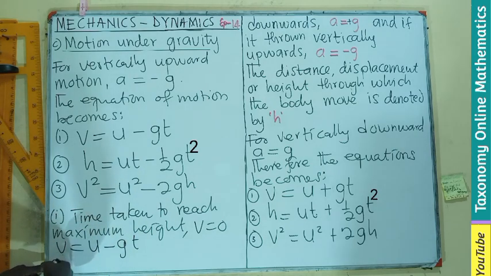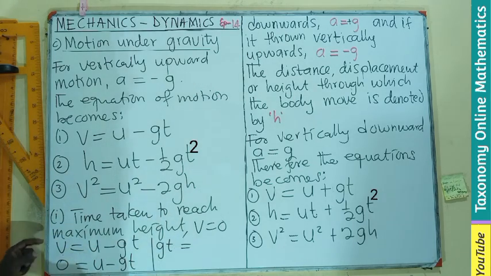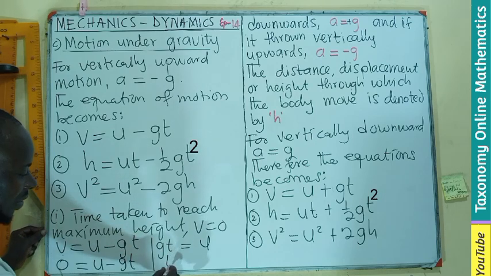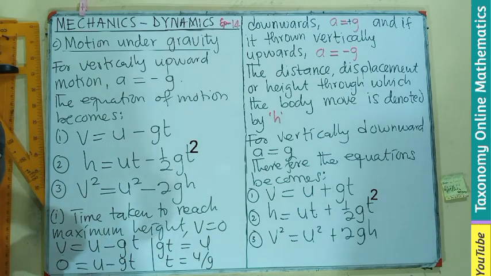We are going to bring this in here because v will be 0. So 0 equals u minus gt. This is coming here, gt equals u. Then if you divide, t becomes u divided by g.